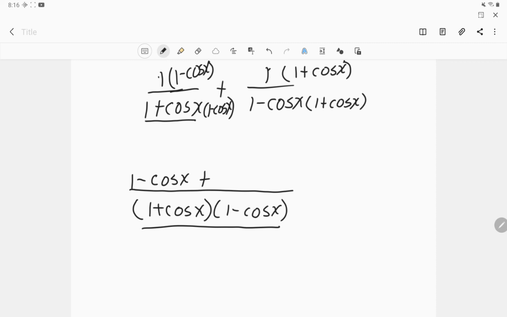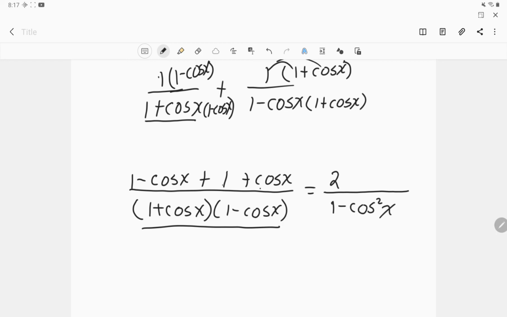When I do that, 1 times 1 is 1, and 1 times cos x is plus cos x. So on the top, I have 1 plus 1, that's 2, and I have negative cos x plus cos x. Those actually cancel out. On the bottom, I have a difference of squares: 1 plus cos x times 1 minus cos x, which is 1 minus cos squared x.